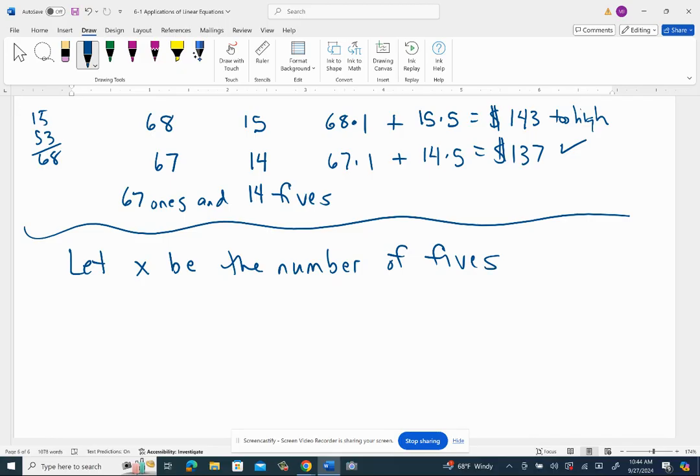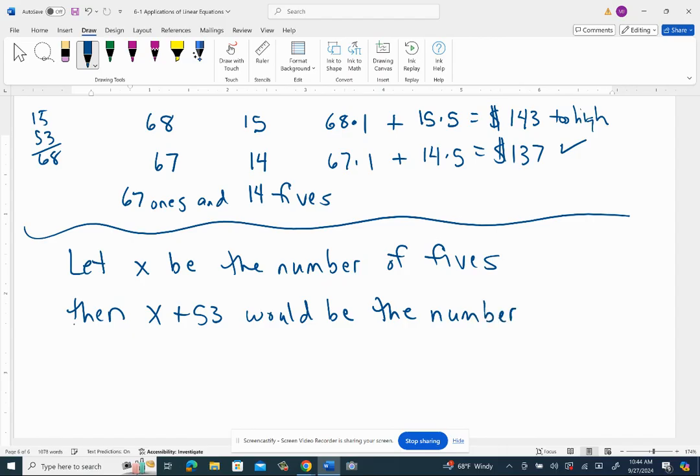Okay, then remember how it said she got 53 more singles than fives? Then X plus 53 would be the number of singles, of ones.